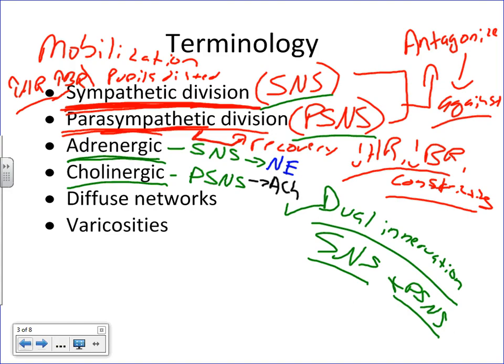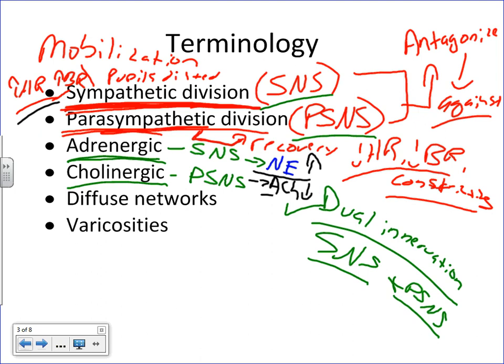So when sympathetic nerves want to elicit their effects on an organ, essentially increasing activity of the tissue, those sympathetic nerves will release norepinephrine, and that'll increase the metabolic activity of that tissue. And then acetylcholine.